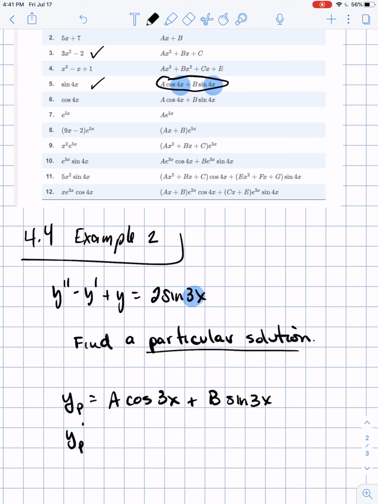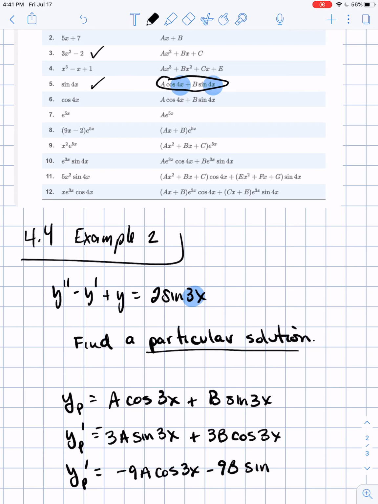And then you're doing the same thing that we did last example, where you take the derivative, so this is going to be negative 3a, and the second derivative of y sub p. So here you get negative 9a cosine 3x minus 9b sine 3x.